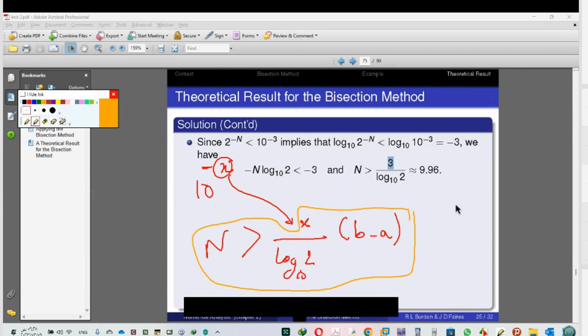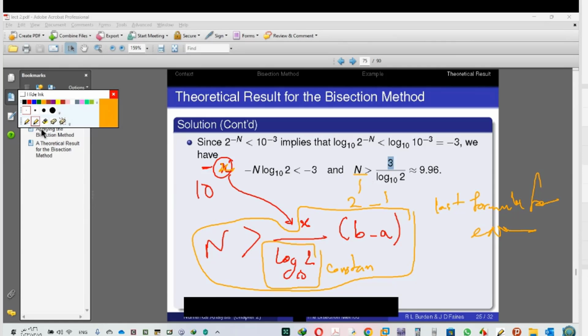This is the last formula for the exam. X here, this is x. This is the constant. B here is 2 minus 1, so it is 1.